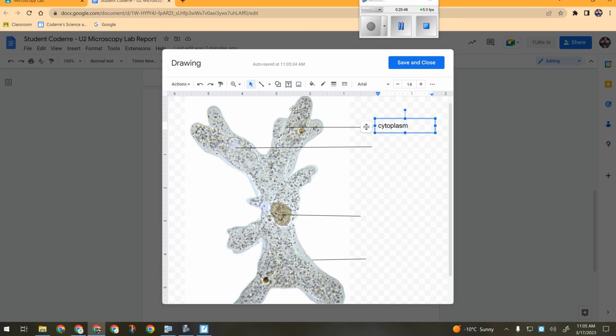Then I'll do the same thing for the vacuole, and any other things I need to label. Everybody with me on that? Okay, so that's how you do your labeling.